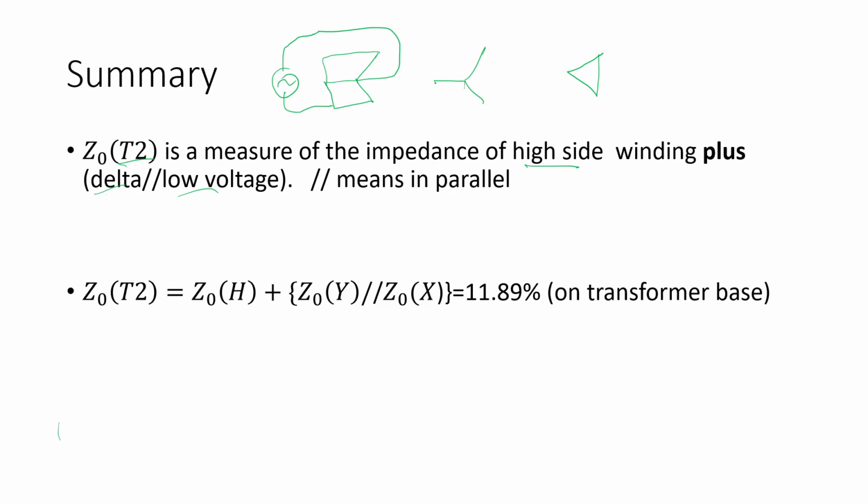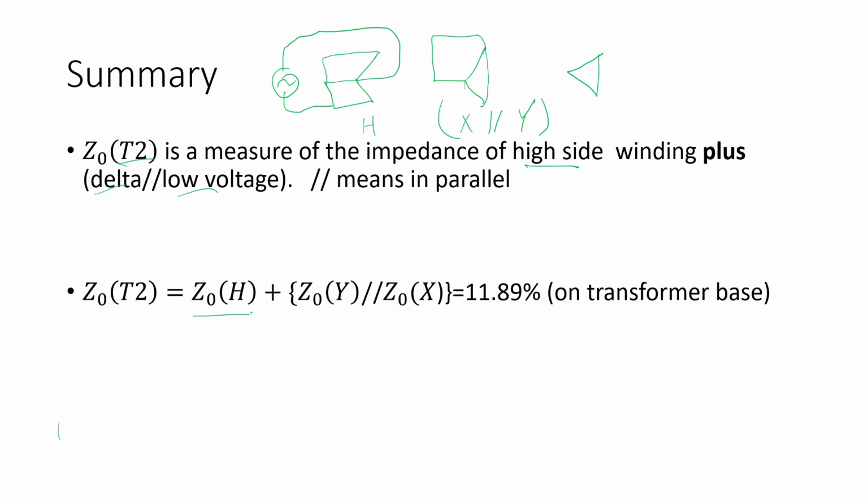But in this case, the low voltage windings are shorted, which means you are applying voltage to the high side, but then the low voltage is in parallel with the stabilizing winding, so that's what I'm writing here.